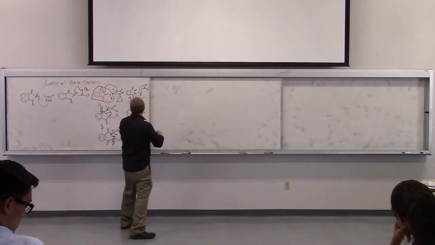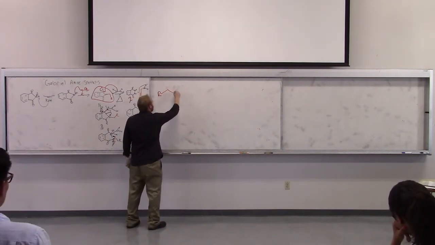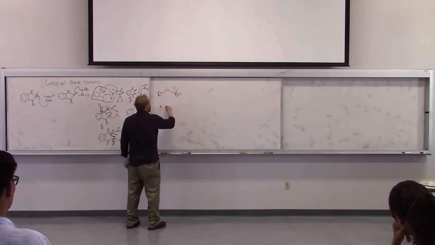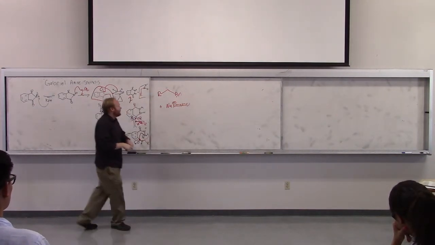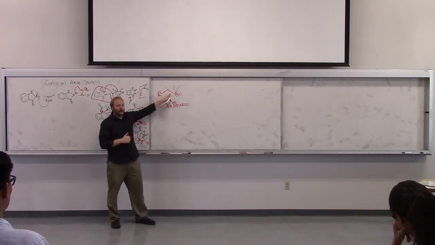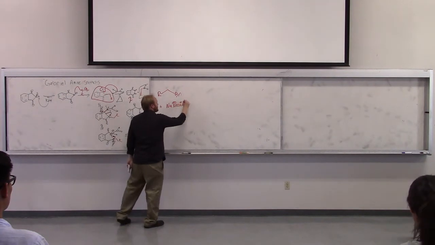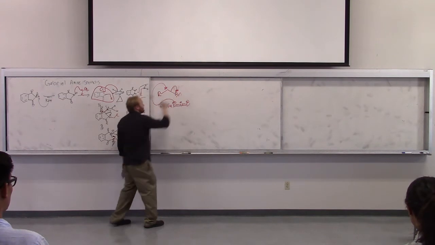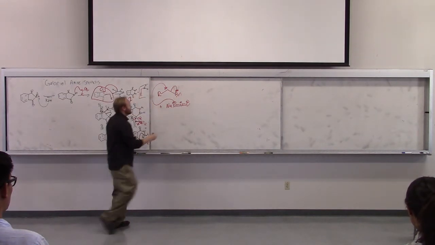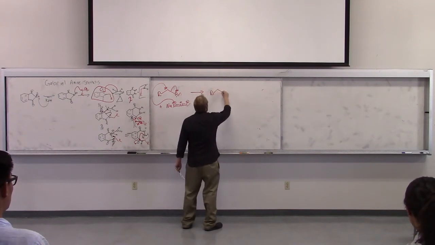The sodium azide route was, again, still an alkyl bromide or an alkyl halide plus sodium azide. It still does an SN2 reaction. Now it gives us an alkyl azide.